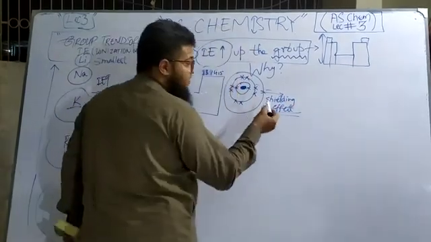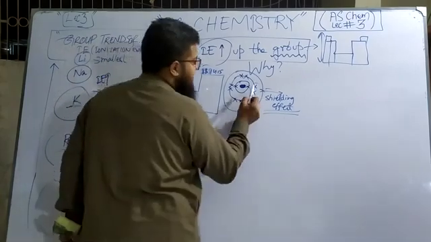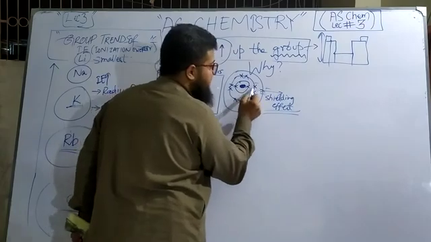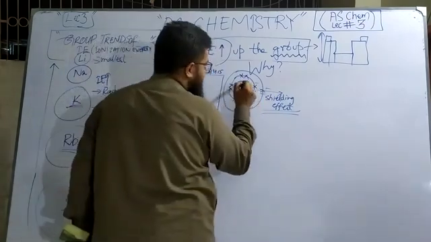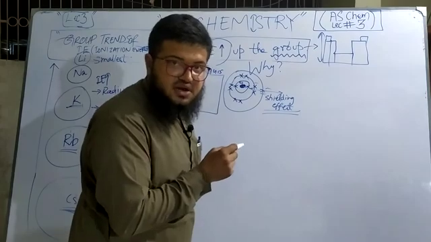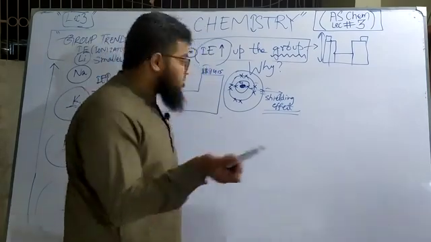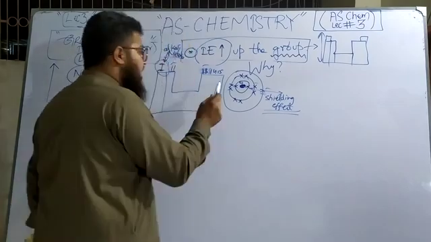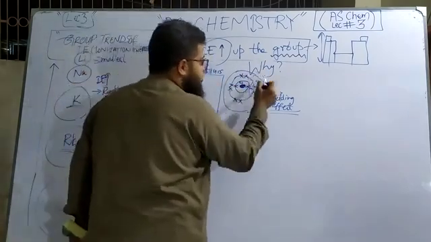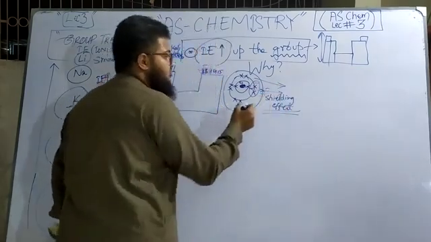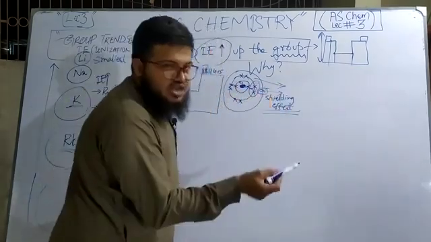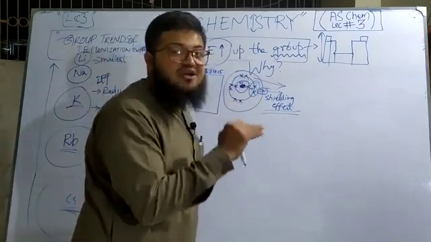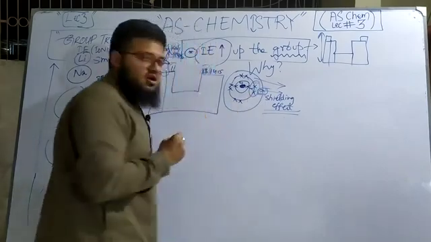Why is it called the shielding effect? Because these electrons are actually shielding the outer electron from the nuclear pull. The nucleus, as you guys know, is positively charged due to the protons present inside it, right? So this positively charged nucleus will attract the outermost electron towards itself. Since the inner electrons are negatively charged, they'll repel the outer electron in the opposite direction to the nucleus, hence reducing the effective nuclear attraction on this outer electron, right?